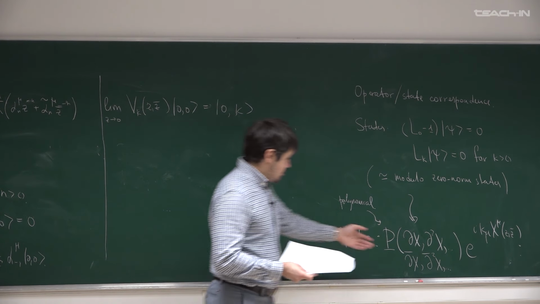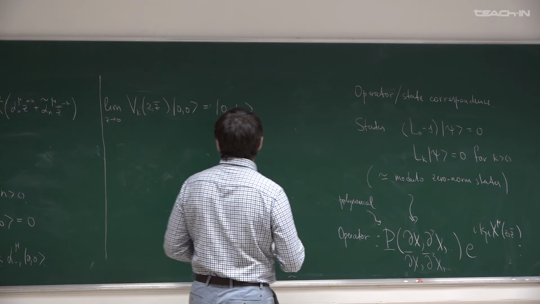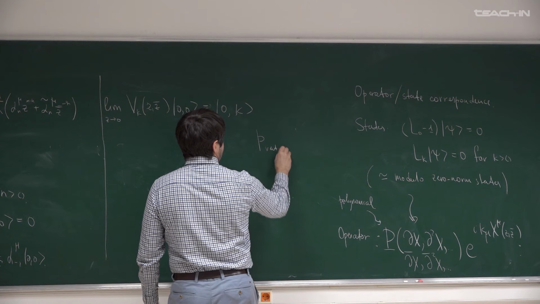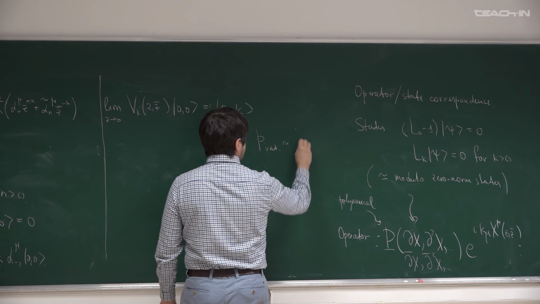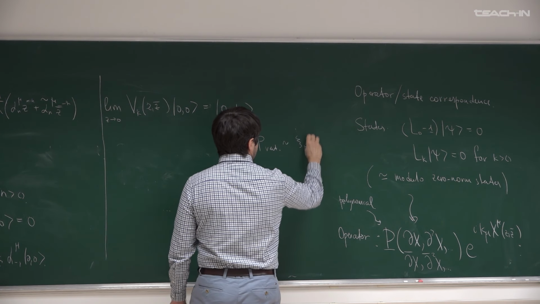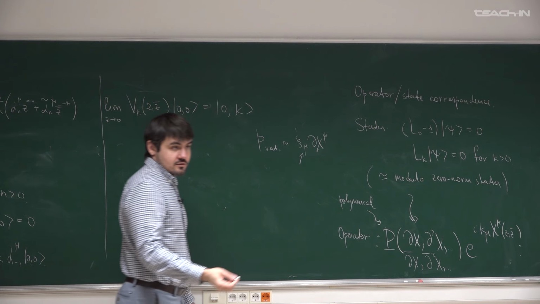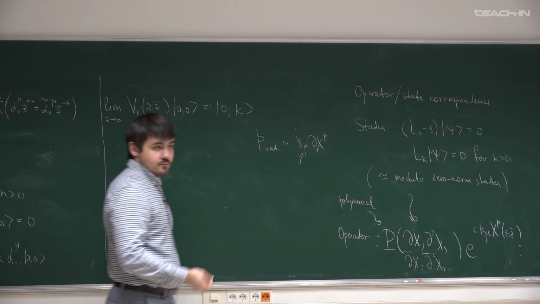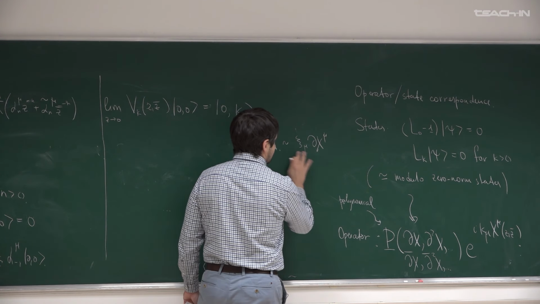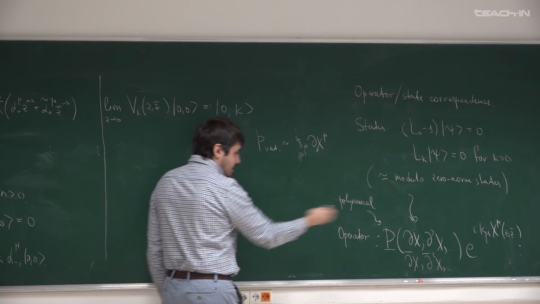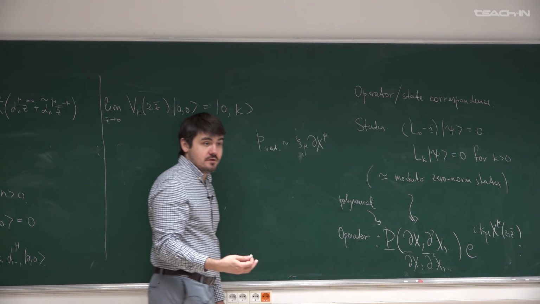For example, the polarizations of your particles, like what I've written there, that the vector field is something like xi mu dx mu. So this xi is a polarization vector, because the vector field has polarizations. So for each polarization, you have some state, and you have some operator. So in general, your amplitudes will depend on those polarization vectors.